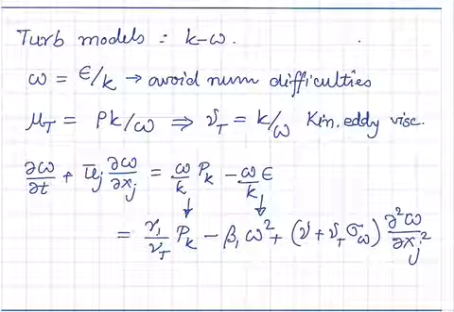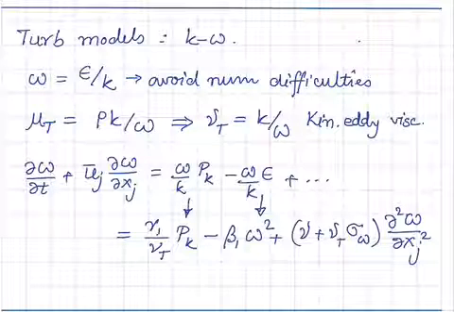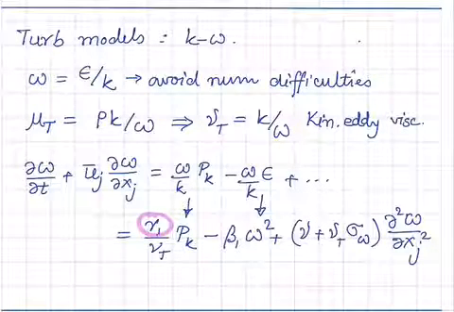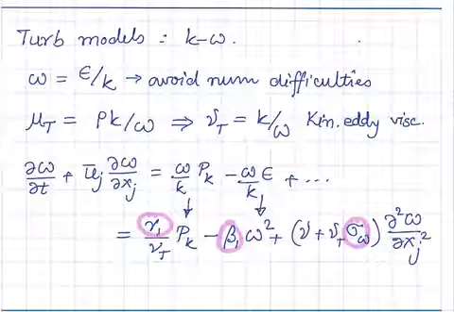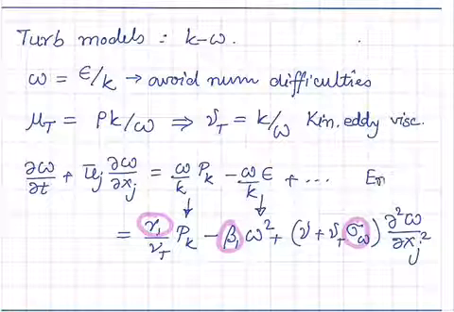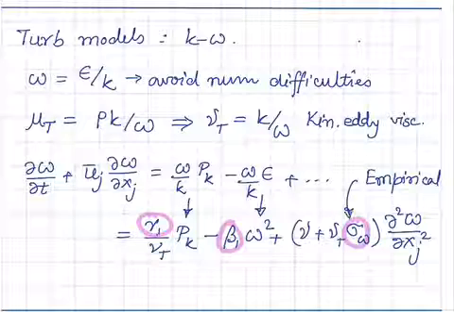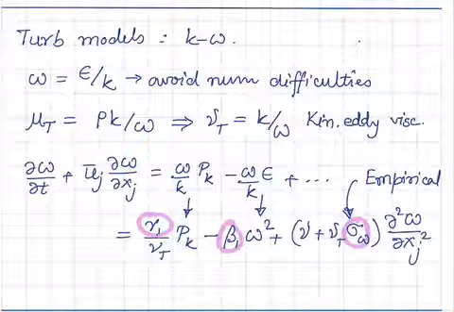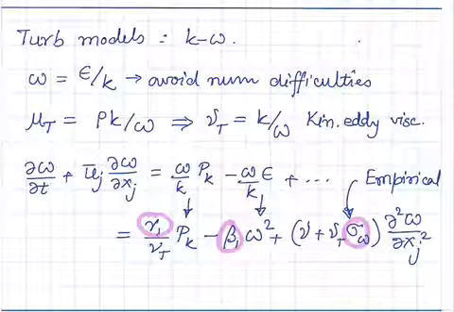So this becomes the omega equation, where gamma 1 and beta 1 are empirical parameters or constants.